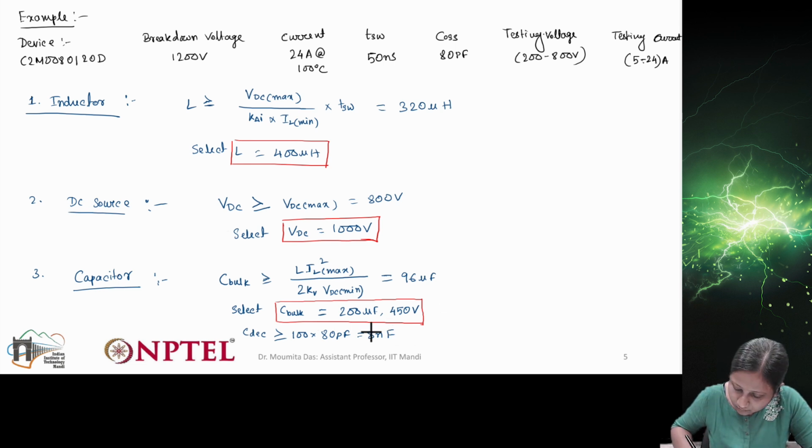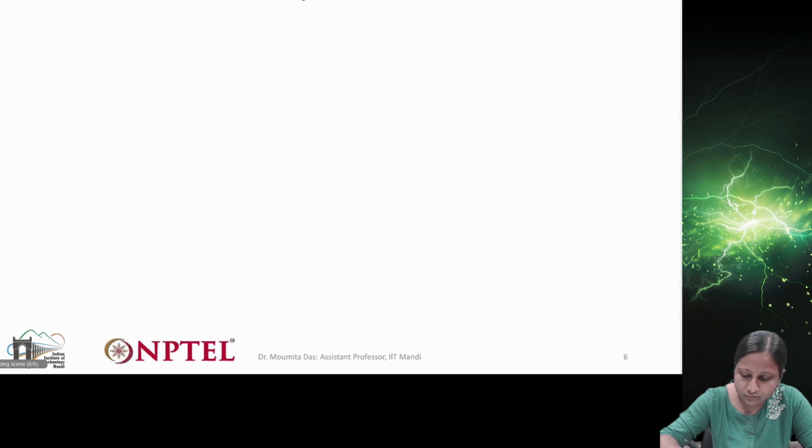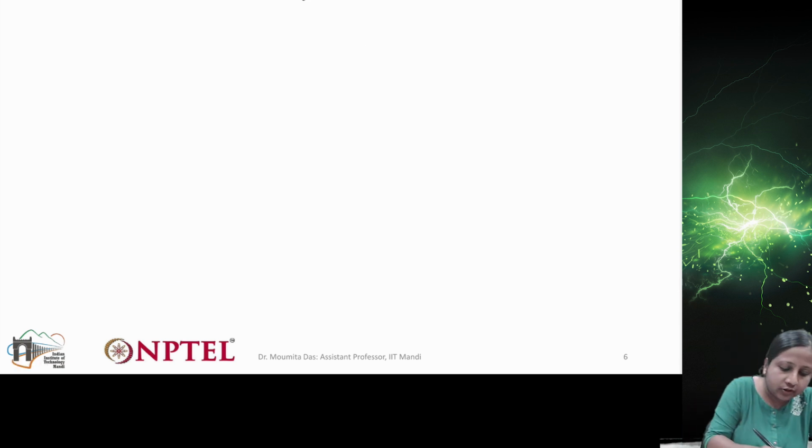Now you can select any capacitor, it should be a ceramic capacitor. Based on this calculation, you can select any value. Now let's go to the next page. The fourth component is the bleeder resistor.